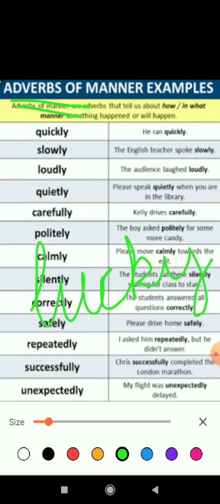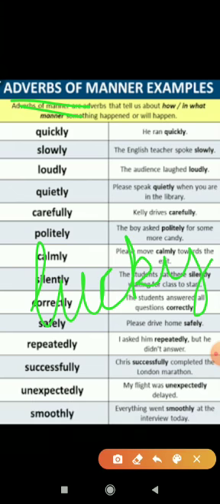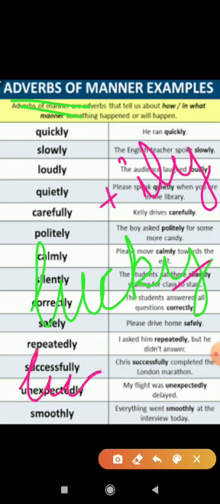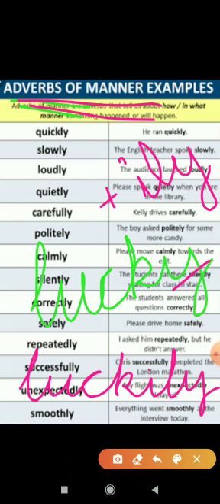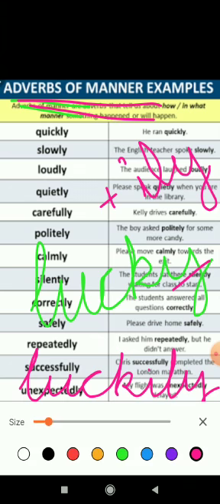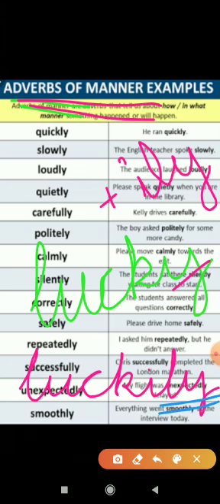We will add ending ly, but we will remove y and turn it into i. Lucky, luckily. Luckily is an adverb of manner. We added ending ly. Instead of y, we will write i. Lucky, luckily.